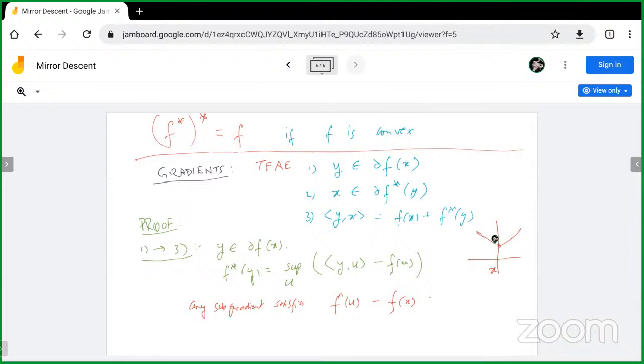Now if y is a subgradient at x, then it must be the case that for any point u, f of u minus f of x is at least the inner product between y and u minus x.